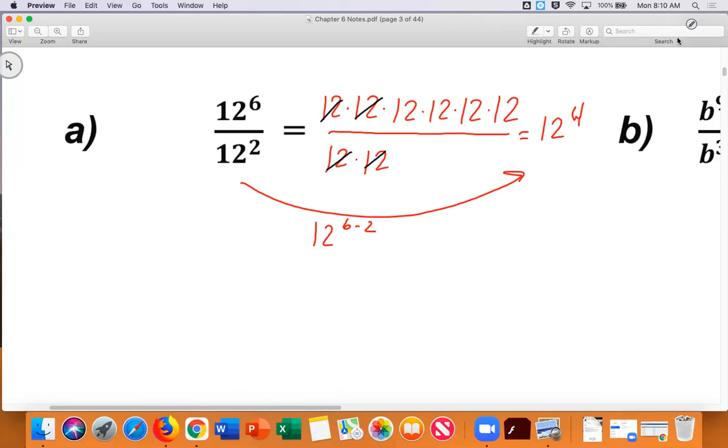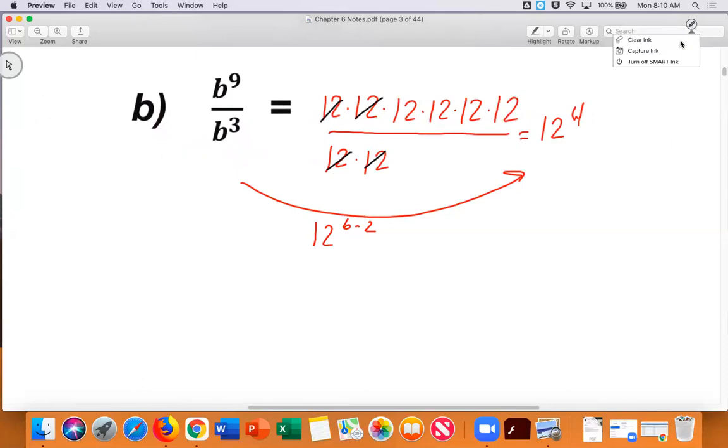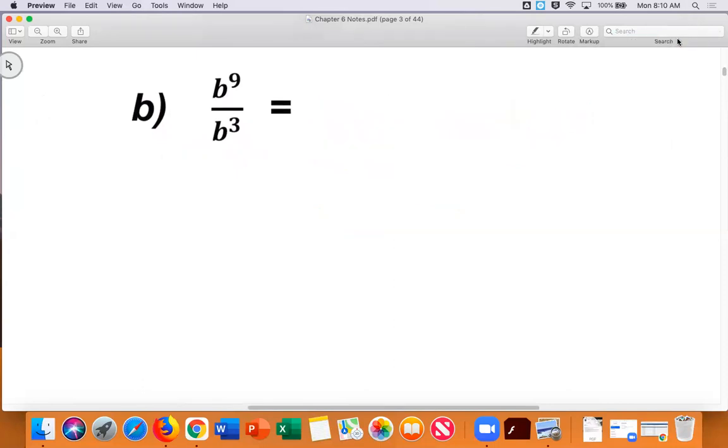Like 12 to the 6th over 12 to the 2nd, I wrote it out, took me 30 seconds, and I was able to see, oh, I just subtract 6 minus 2. So drill. B to the 9th over B to the 3rd is B to the 6th, because I'm just going to do 9 minus 3, and that's 6.